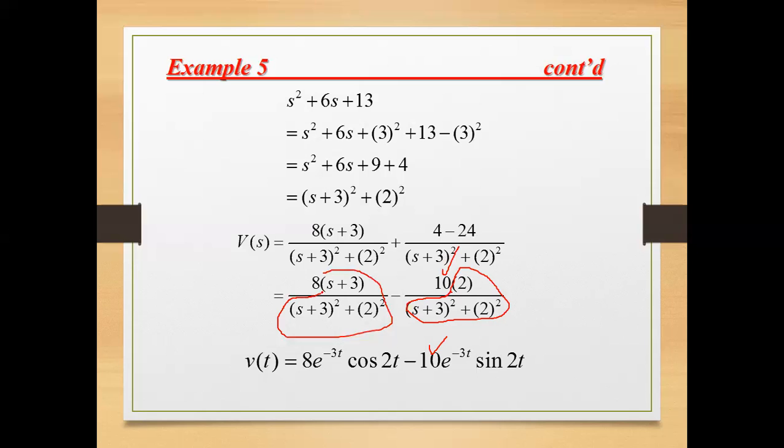You only inverted this expression, yielding this one, and the constant appears here. Same thing with this. You can always do the checking, especially in inversion, by transforming your function of t to a function of s. And it should go back to the original expression.